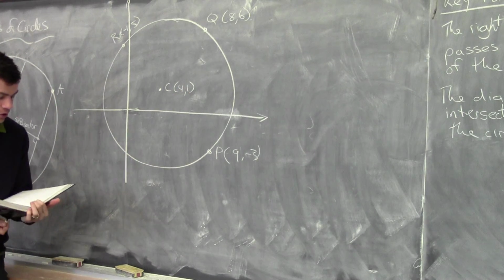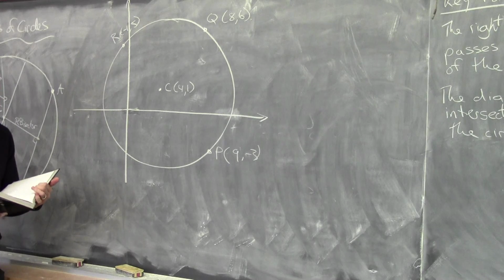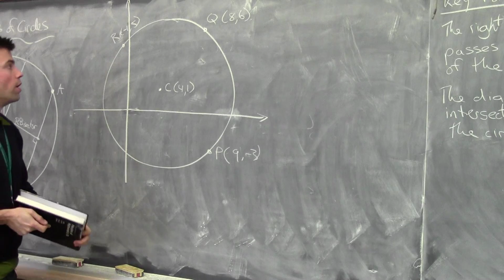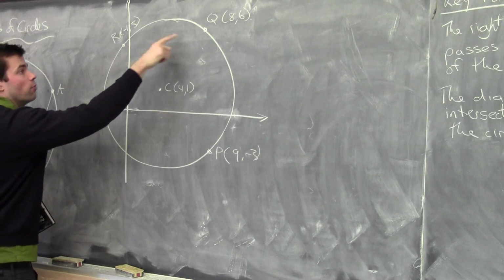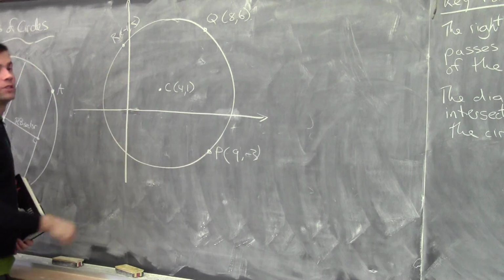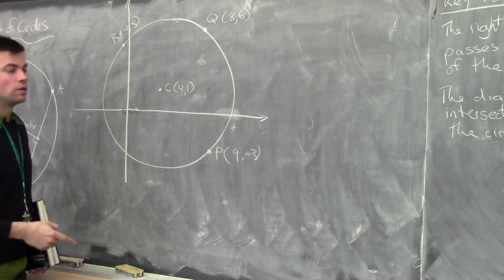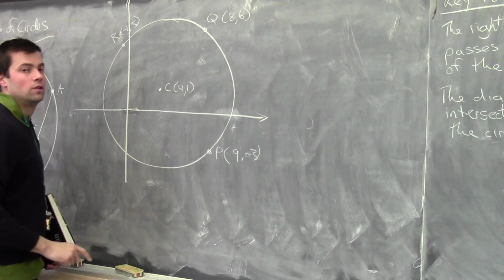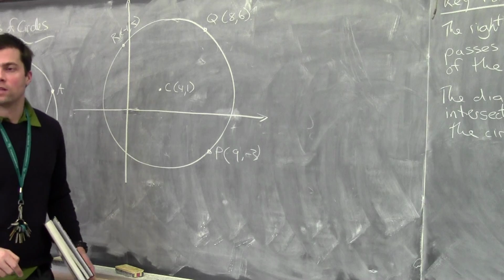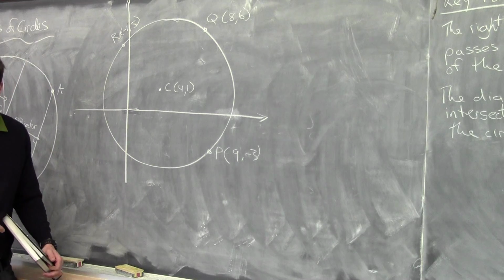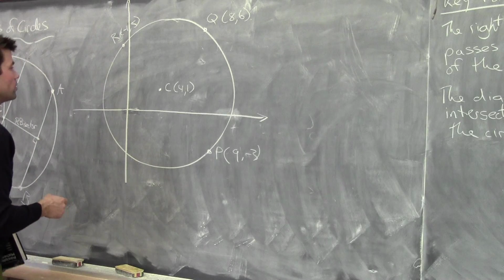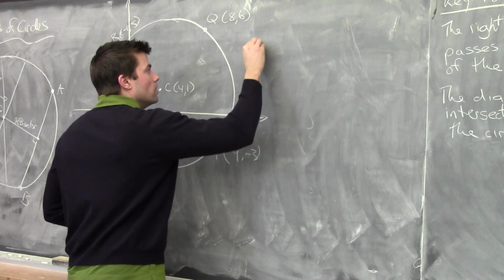All right, so it asks us to show that the points P, Q, and R lie on a circle with its center 4, 1. We want to see that these points are all on the outside, that they're all contained on this circle. So does anyone have any ideas how we could do that, Josh? Well, if those points are all on the circle, the radius should all be the same. Excellent. A definition we haven't actually talked about yet, but excellent.